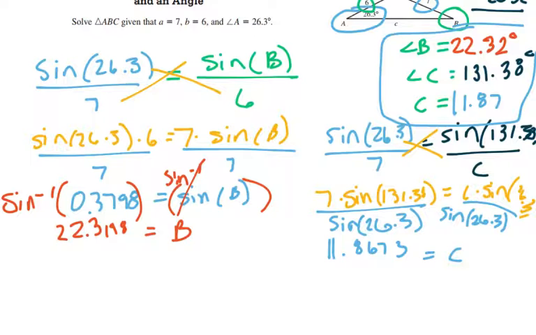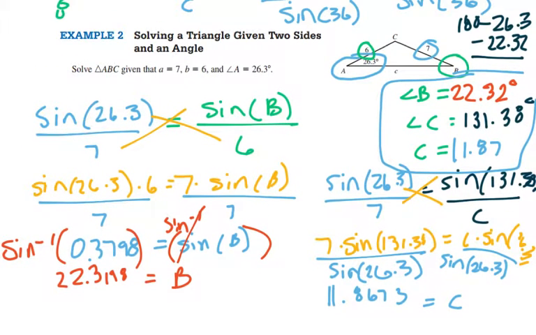Right, now I'd like to bring your attention to a few things in this problem, because as we can see in this problem, you are given 2 side lengths and an angle, and that angle is attached to the shorter length of the side. So I'm going to write it right here.